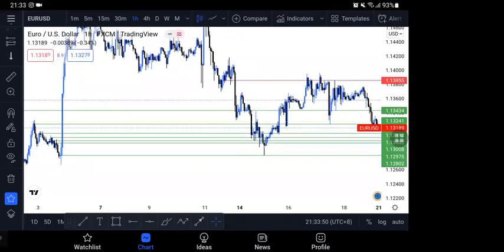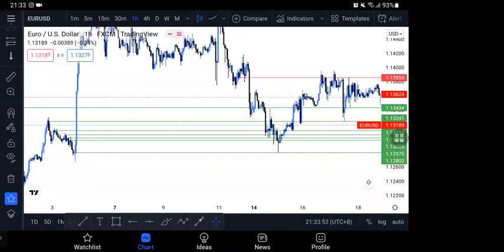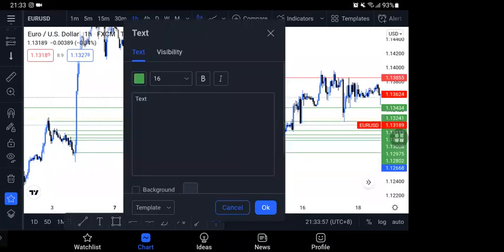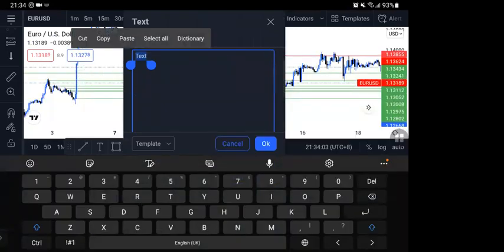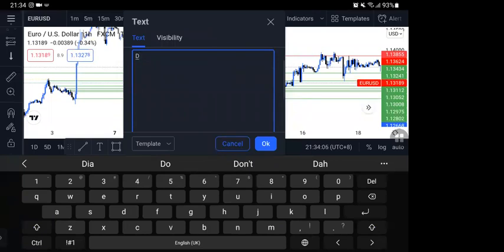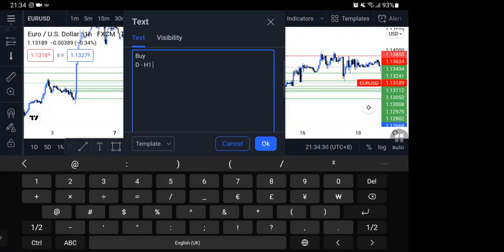So, okay, kita akan tukar ke ni balik. I think I'm gonna put some text, so we're gonna know what is daily buy, daily, H1, H4.